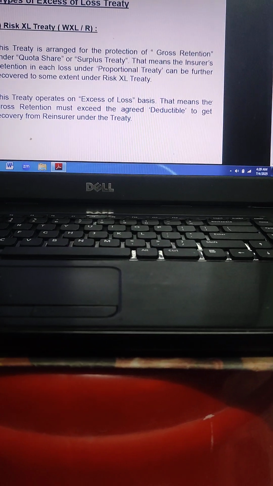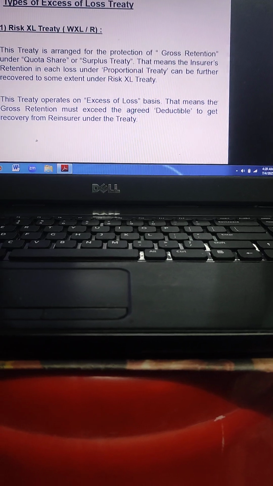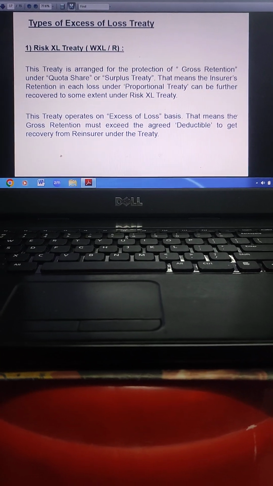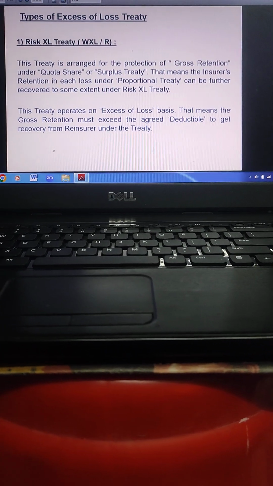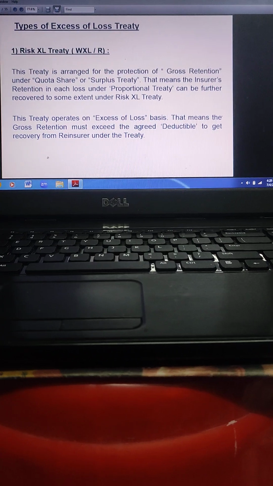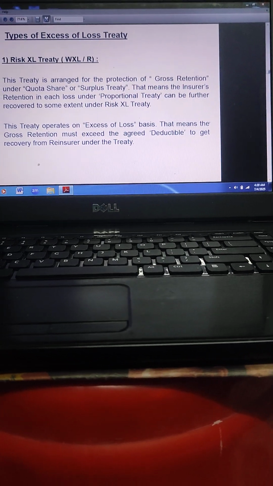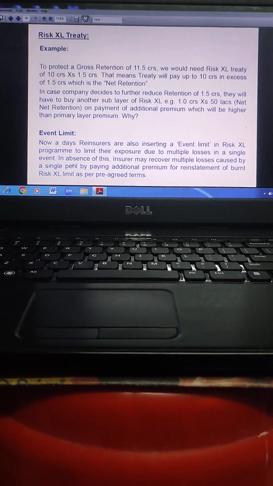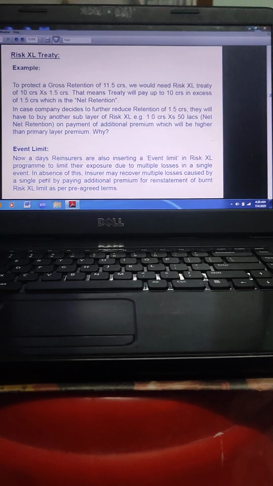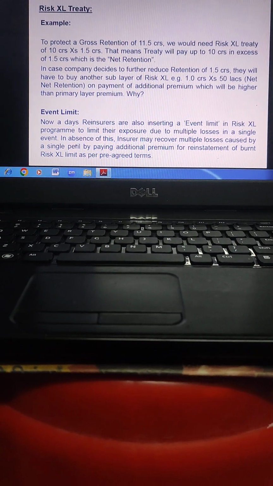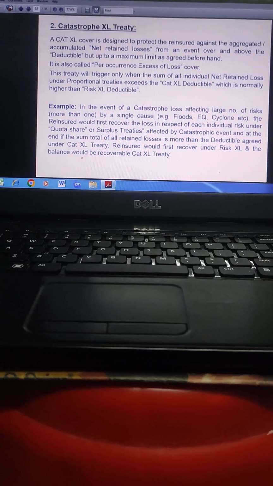That means the insurer's retention in each loss under the proportional treaty can be further recovered to some extent under the risk excess of loss treaty. This treaty operates on an excess of loss basis, meaning the gross retention must exceed the agreed deductible to get recovery from the reinsurer. Under the risk excess of loss treaty, the event limit is also decided.